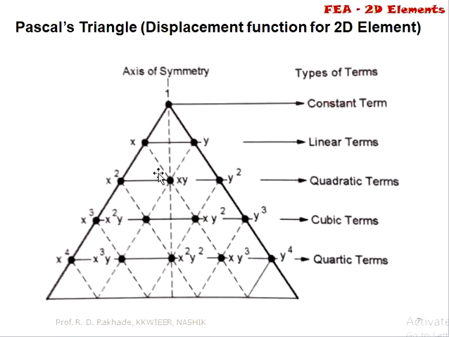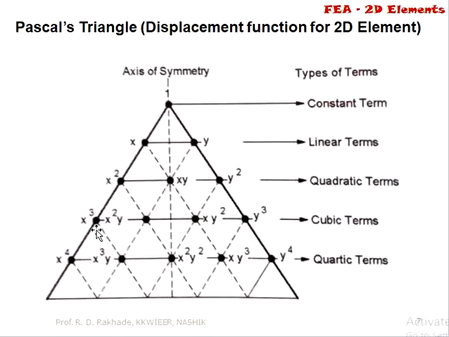Okay. Then in the third level, the variables have power equal to 2: x square, xy, y square. Here x and y means x raised to power 1 as well as y raised to power 1. So 1 plus 1, 2. So the power in that level is equal to 2.